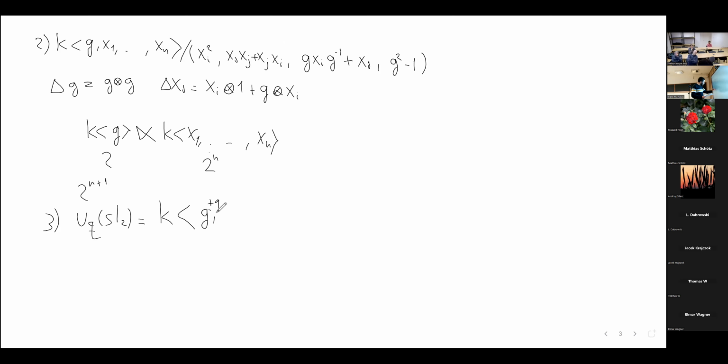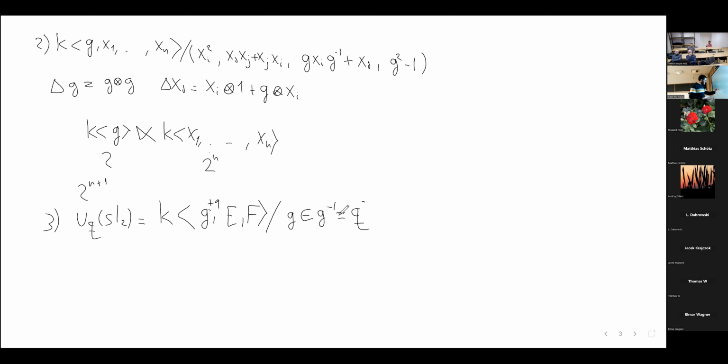So G to the plus minus 1, E and F. And the relations are, well, we have quite a lot of them. Let me just mention what they are. I will just write them as equalities, it will be a bit easier.